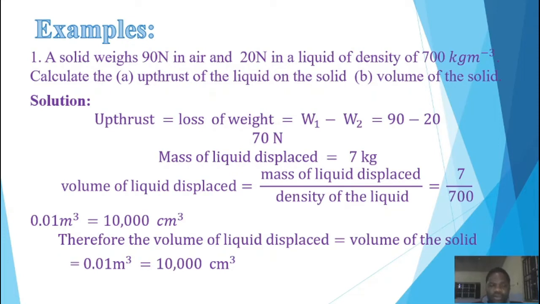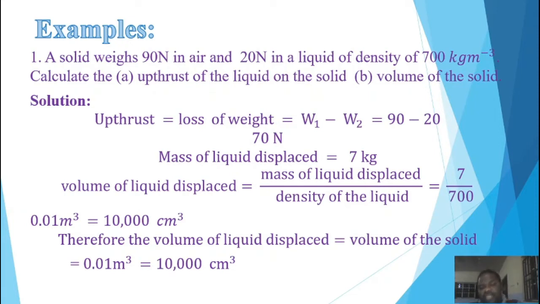Okay, solution. Remember we say upthrust is equal to loss of weight. You see the same solid that weighs 90 Newton in air, when it is in the liquid, it weighs 20 Newton. So what is the loss in weight? The loss in weight is W1 minus W2, while W1 is the weight in air and W2 is the weight in water.